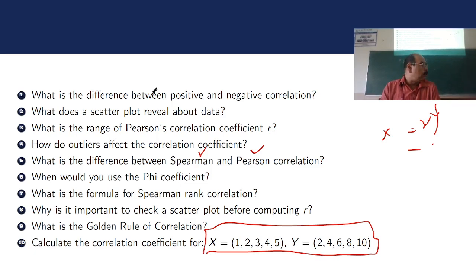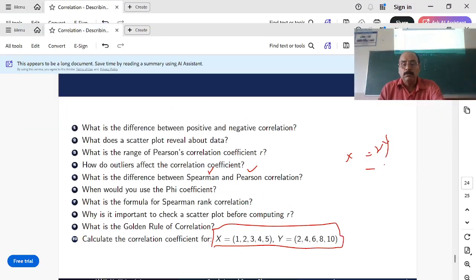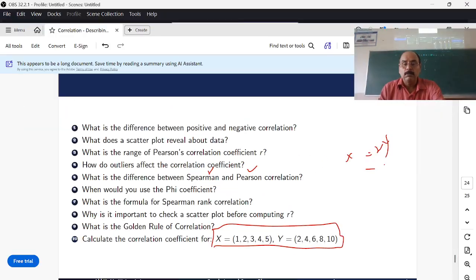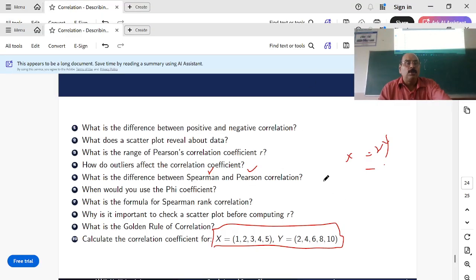Now, one question which I would like to do is this. So this you can do.